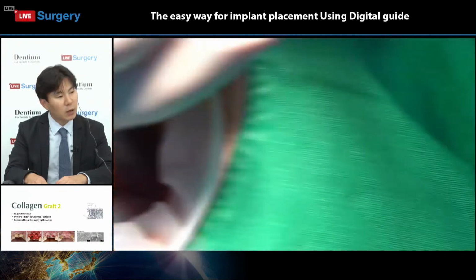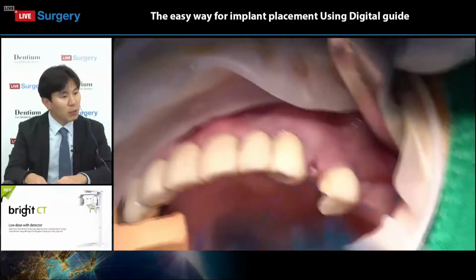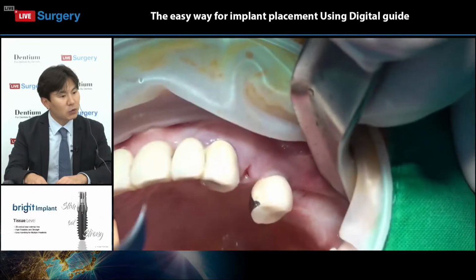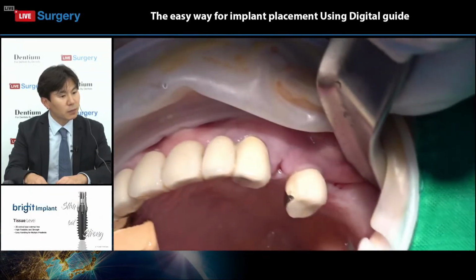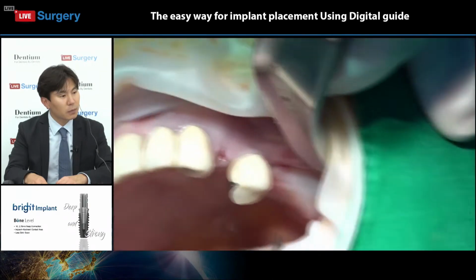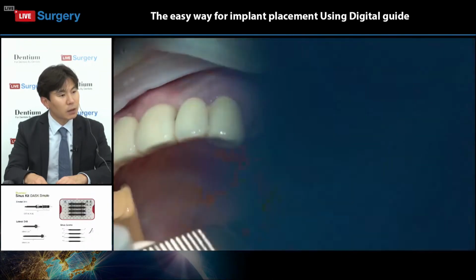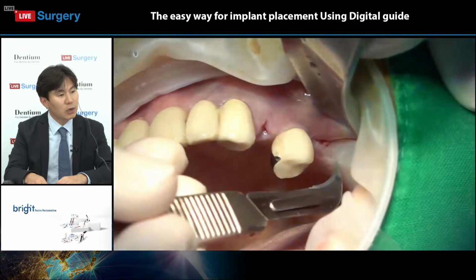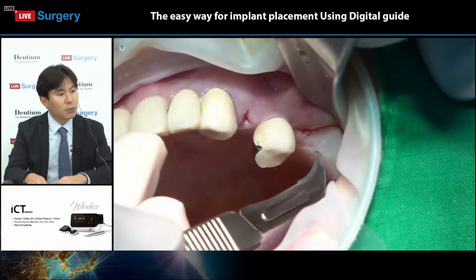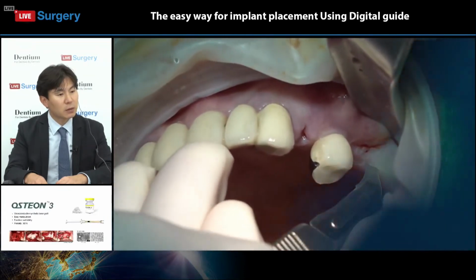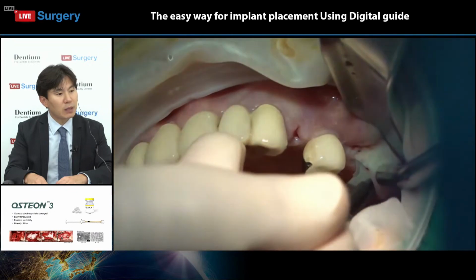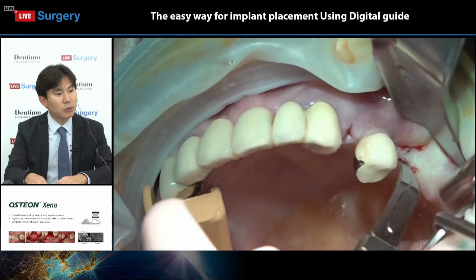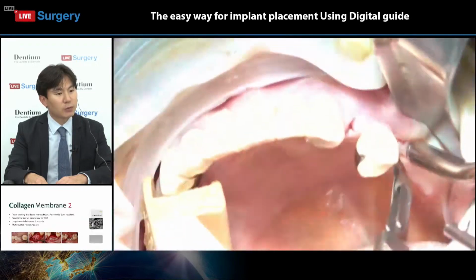He marked the location where the implant will be placed on the 26 area. Then he is starting a crestal incision using a number 12 blade from the very distal area to the distal surface of tooth number 25.